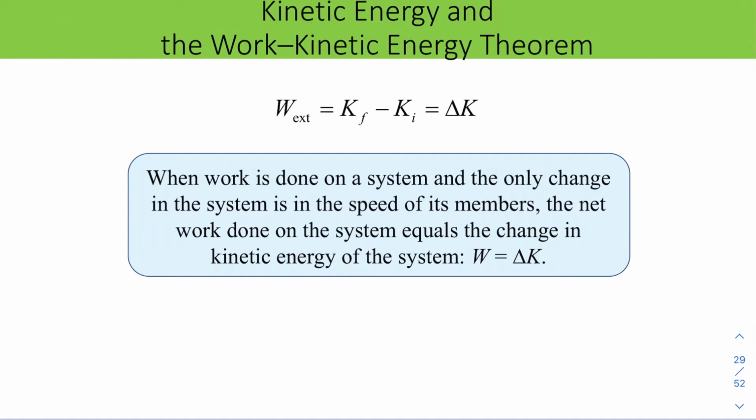It means that when work is done on a system and the only change in the system is in the speed of its members, the net work done on the system equals the change in kinetic energy of the system. That is how we conclude the work-kinetic energy theorem. This is the theorem, or in terms of formula, this is it.